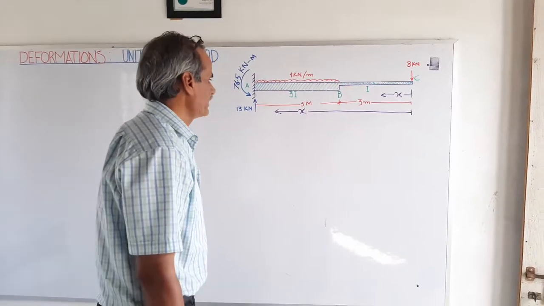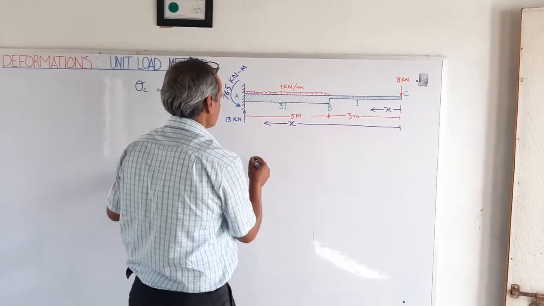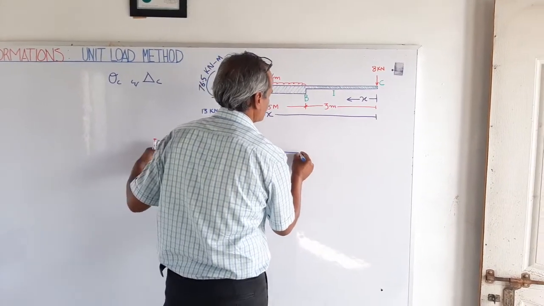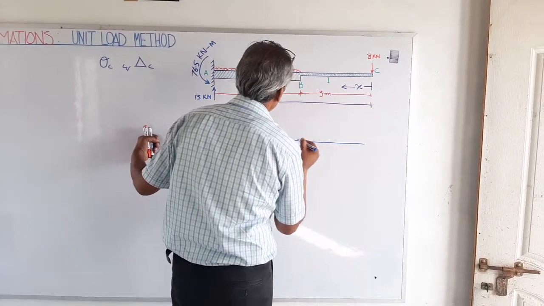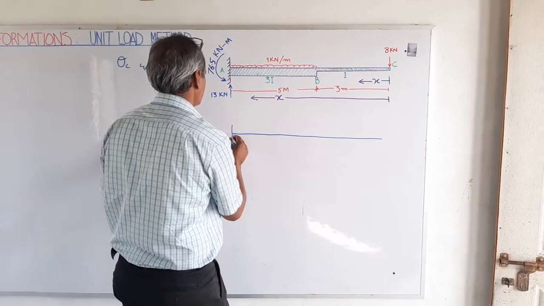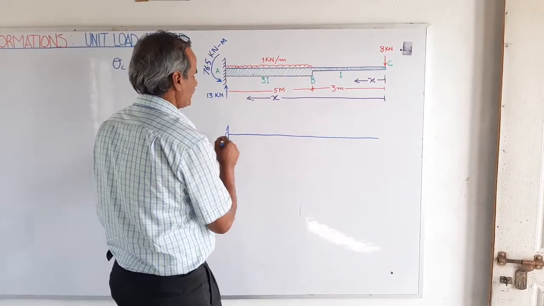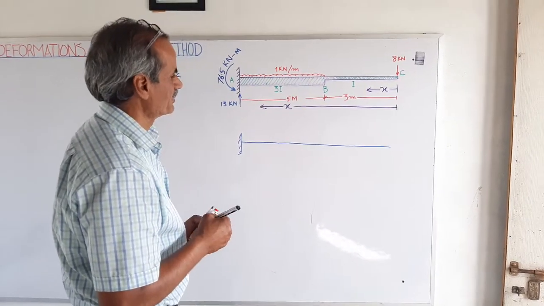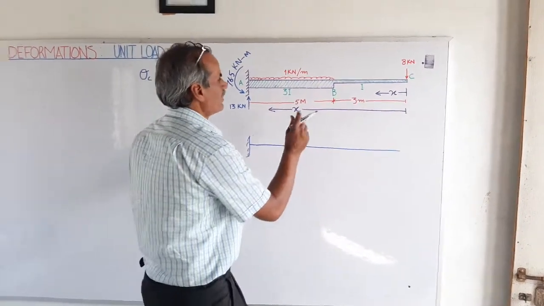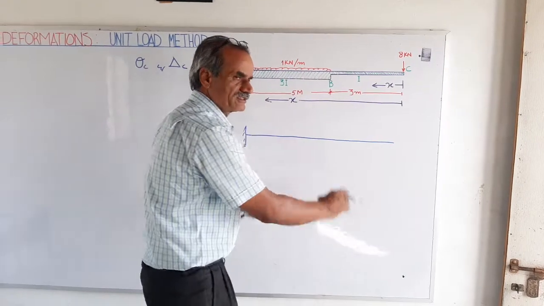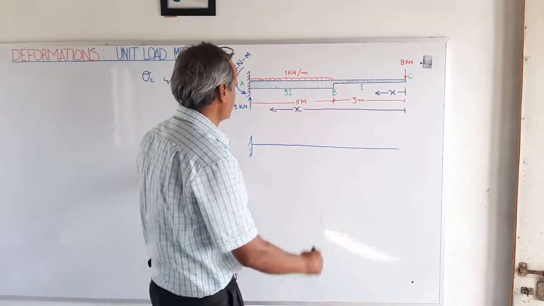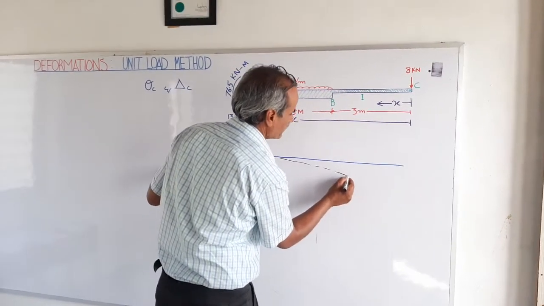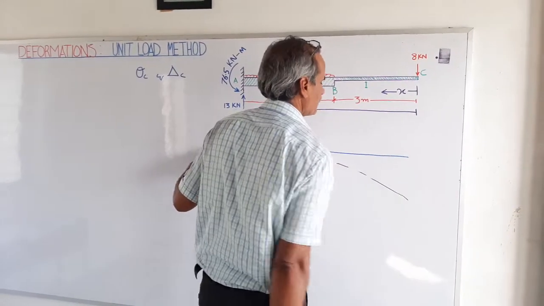So we draw its idealized reference line, and if this is the idealized reference line of our structural element, then under the action of these external loads it is likely to deflect like this, right?